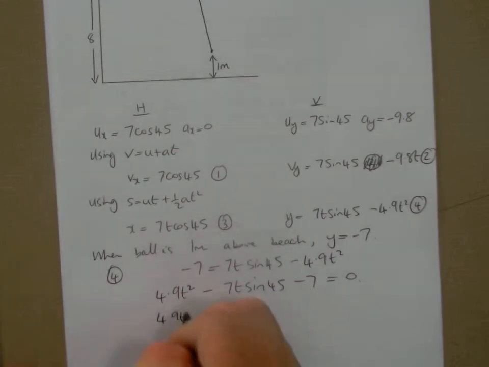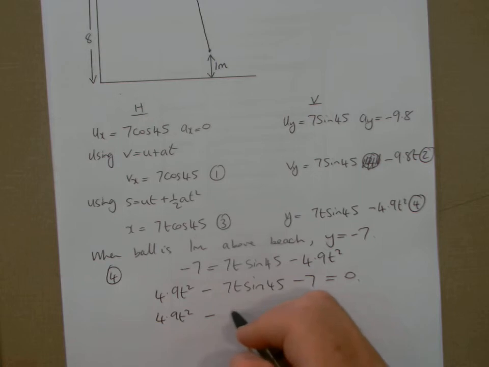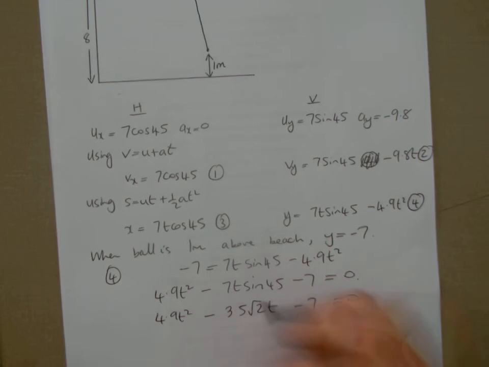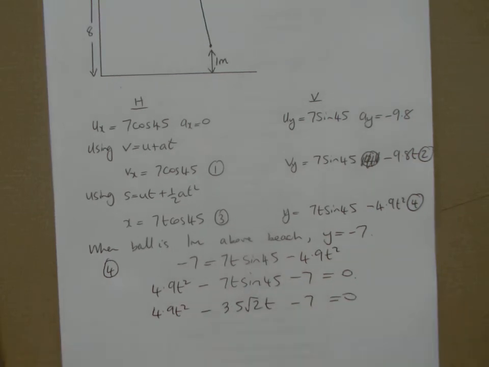And it would make sense to change this into surd form, because that's what it comes to when you work that on your calculator. And then we're just going to have to use the quadratic formula, I think, to work out t.